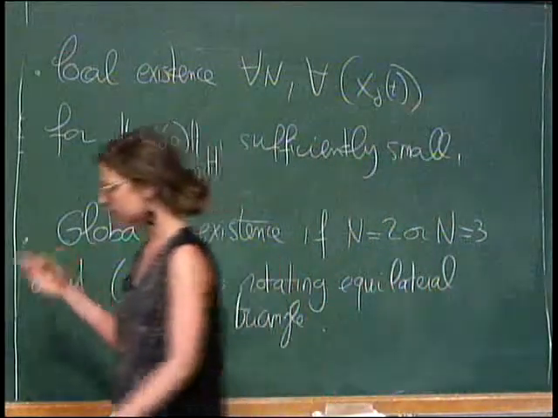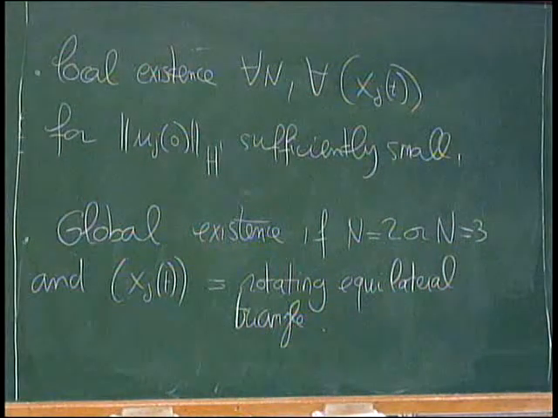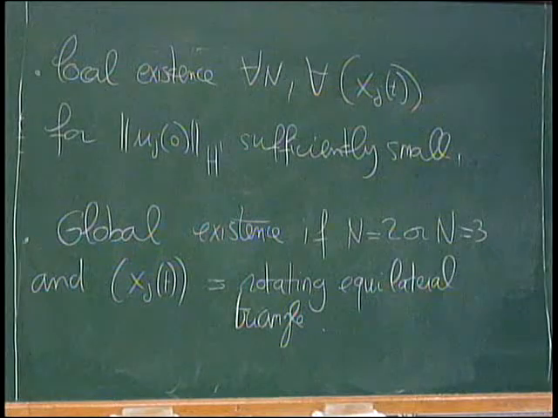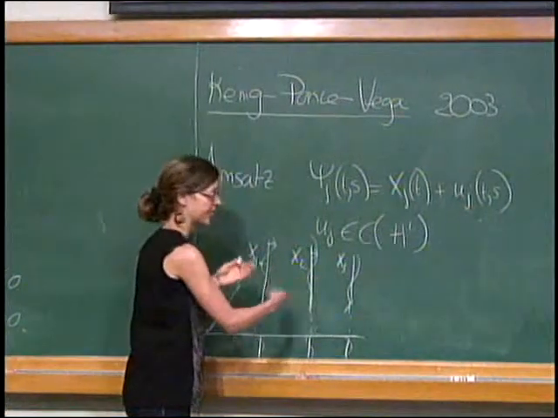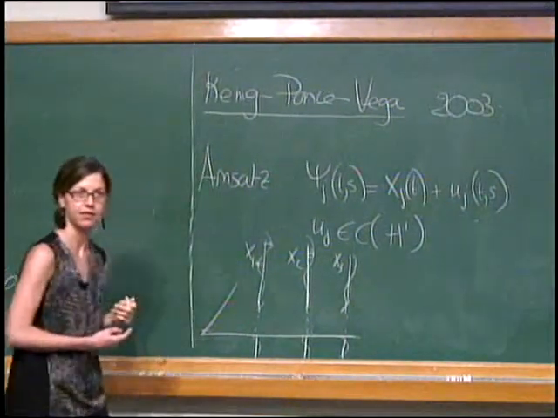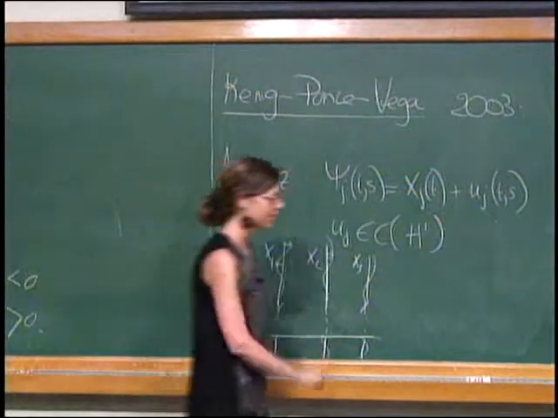So this means that the collection of straight filaments has to be very specific, because it's an equilateral triangle rotating with constant angular velocity. Okay, so this is the result they obtained.